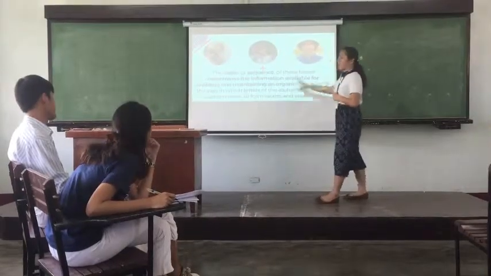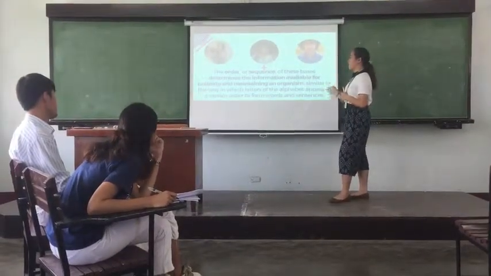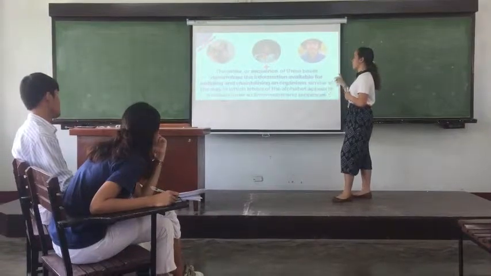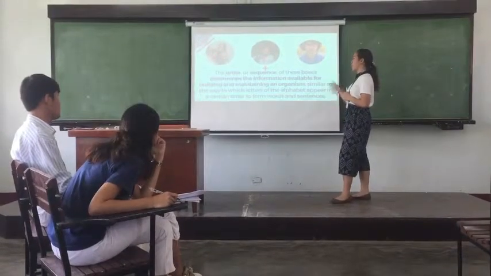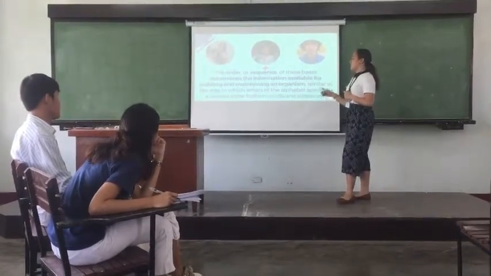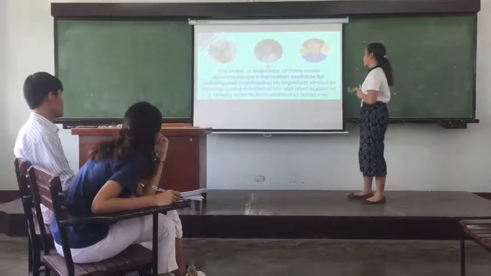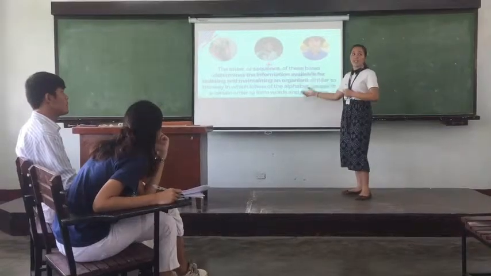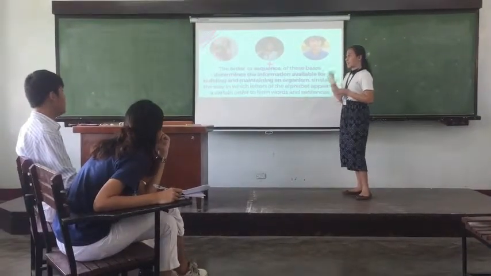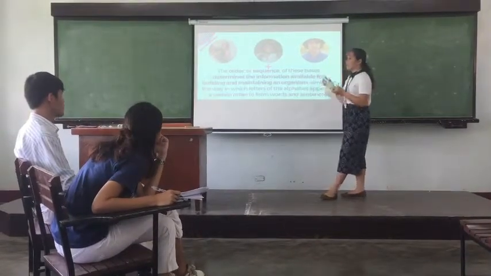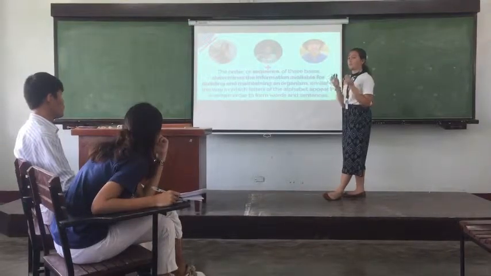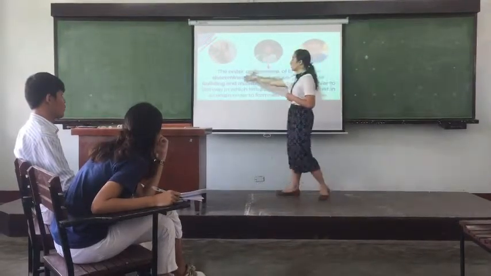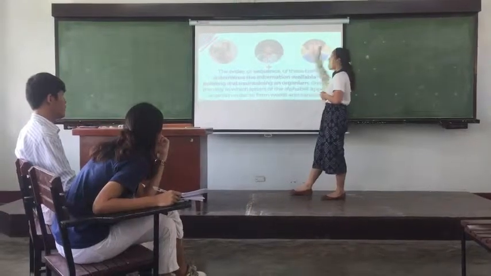Now, let's have this. The order or sequence of these bases determines the information available for building and maintaining an organism. Similar to the way in which letters of the alphabet appear in a certain order to form words and sentences. So this basically summarizes the previous slides. Those base pairs should follow order or sequence just like our alphabet.